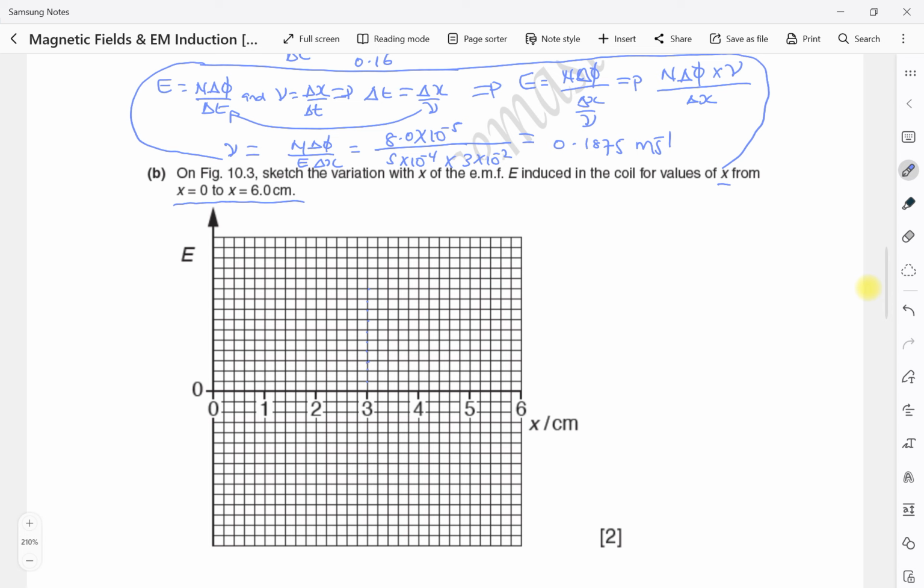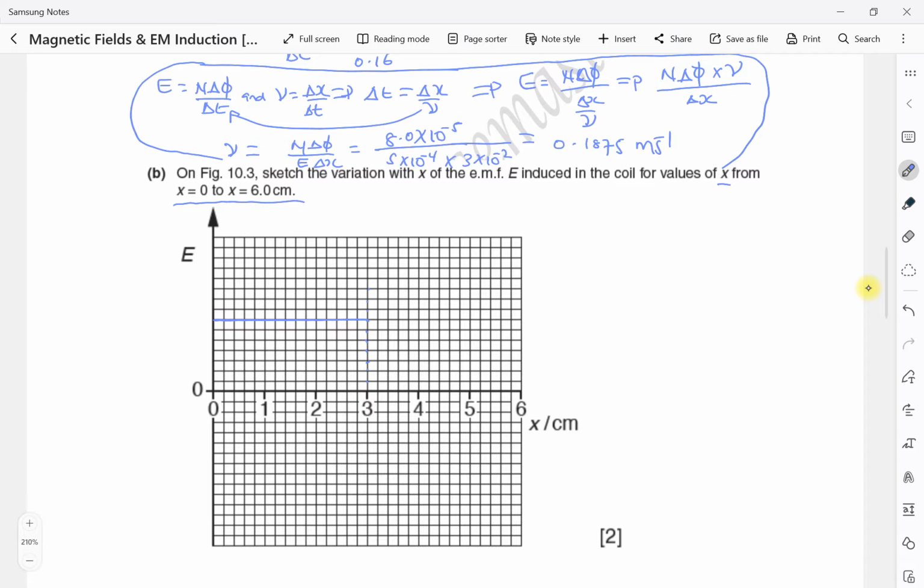Because the gradient was constant, the EMF is constant, so it will be a horizontal line.